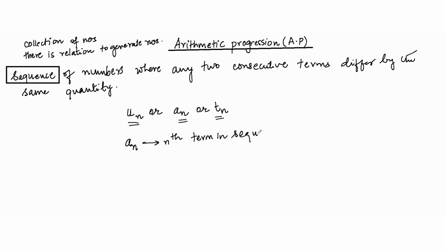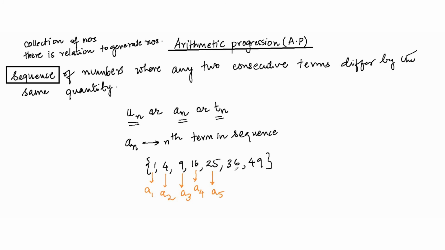So for example, if I write the sequence 1, 4, 9, 16, 25, 36, 49, then over here 1 is my A1, 4 is my A2, 9 is my A3, 16 is my A4, 25 is my A5, and 36 is A6, 49 is A7.